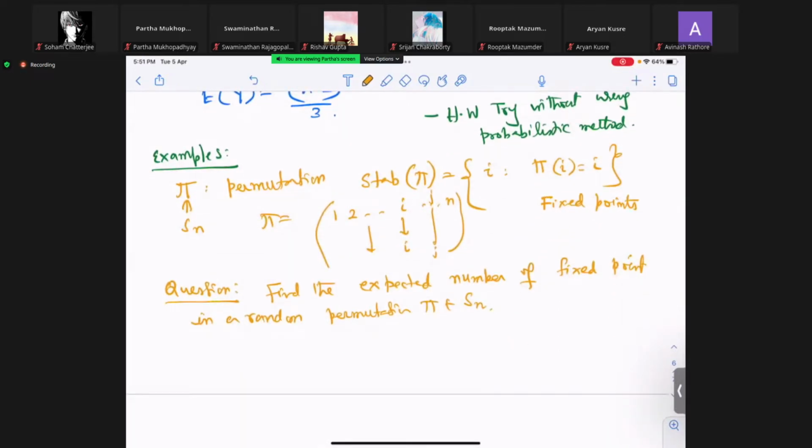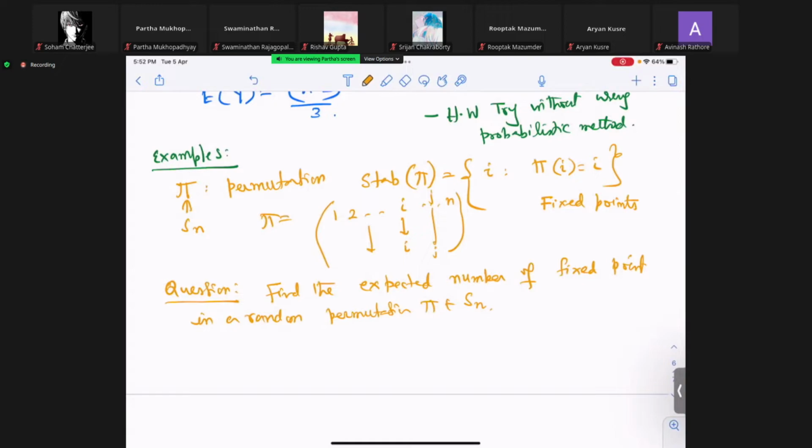Anybody can try. Particularly people who have not tried, they should try earlier. It's a very simple problem. First, think about how you attach a probabilistic model with this question. And then step by step you can solve it.